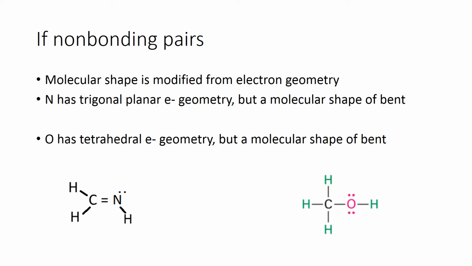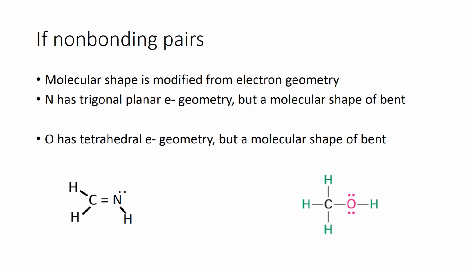Non-bonding pairs are not visible in the way that we normally look at the geometry of molecules. And so when we look at just the atoms here, we will see a bent shape for the carbon-nitrogen-hydrogen bond.